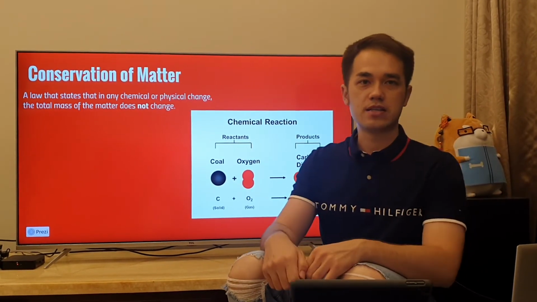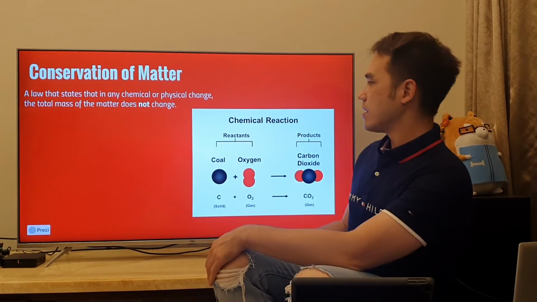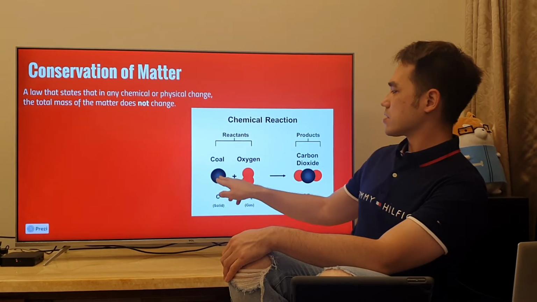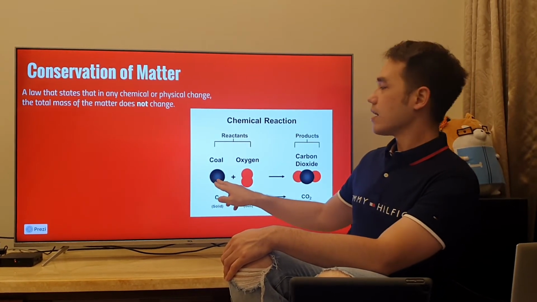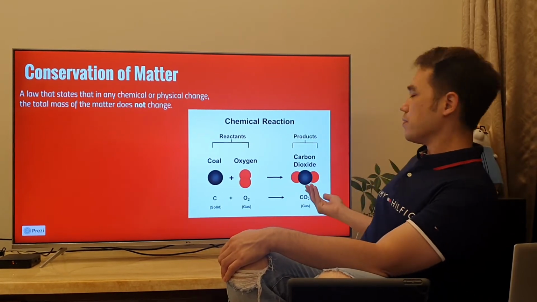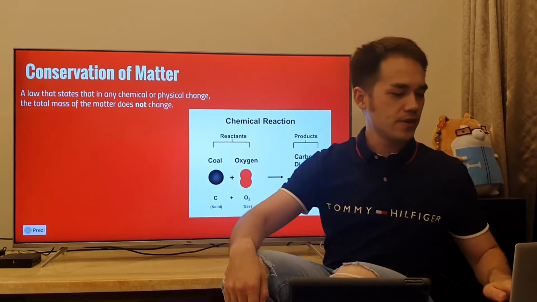Carbon dioxide is produced. And how is carbon dioxide produced? It's because the carbon in the coal combines with oxygen, creating, boom, carbon dioxide.